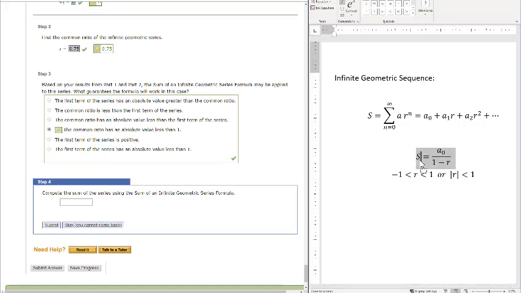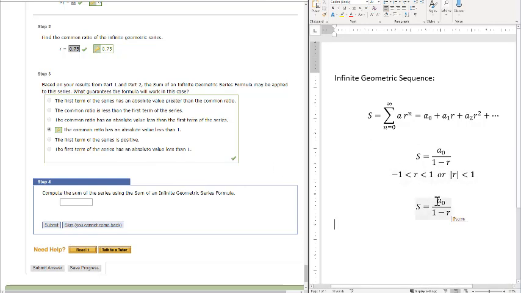So this is the formula that we want to use. We'll use that formula to make our computations, and then we'll put in the first term. The first term was 8 in our problem, and the common ratio was 0.75.